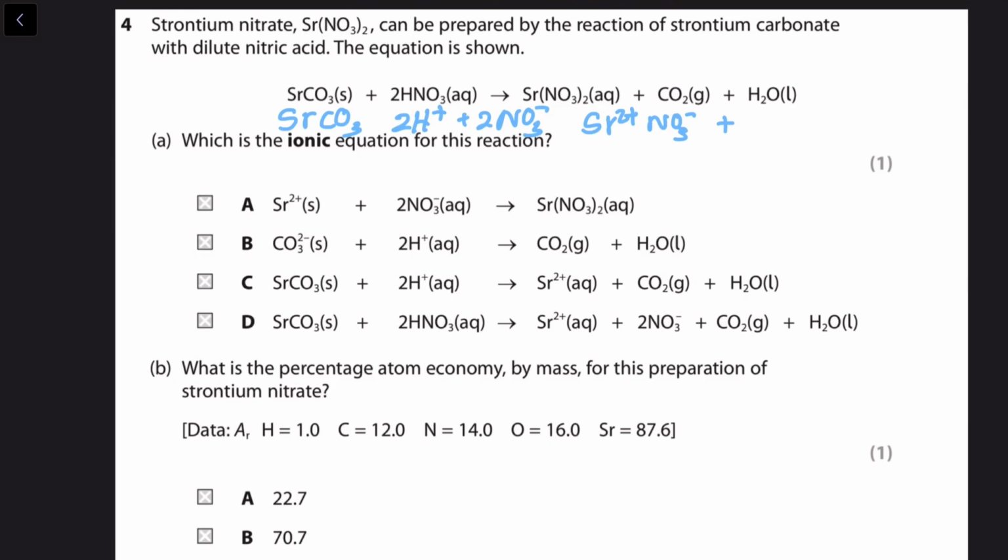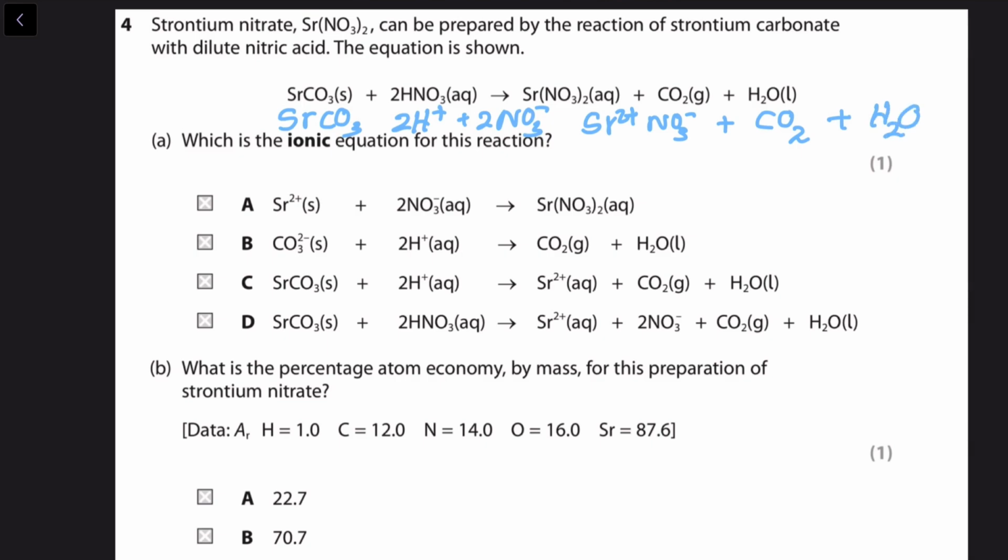CO2 and H2O molecules are covalent molecules, so we can't split them into ions. So CO2 remains undissociated, and we write it as it is: CO2 gas and H2O liquid.